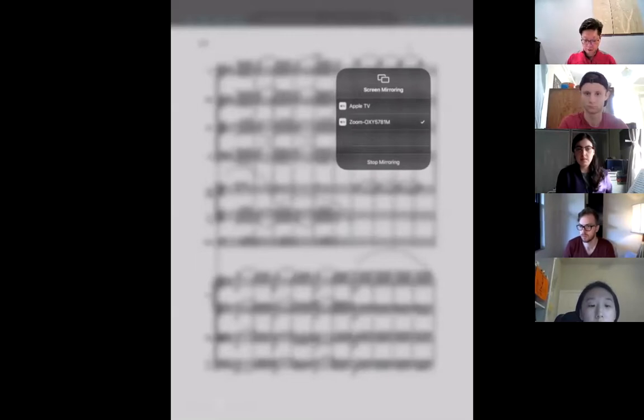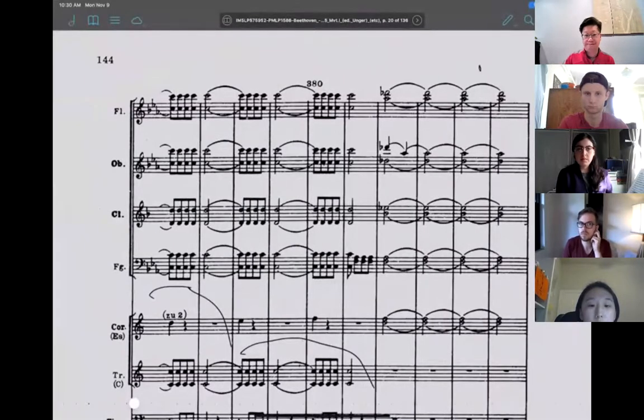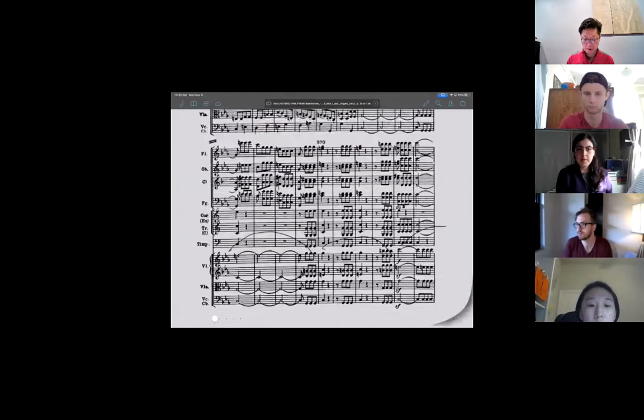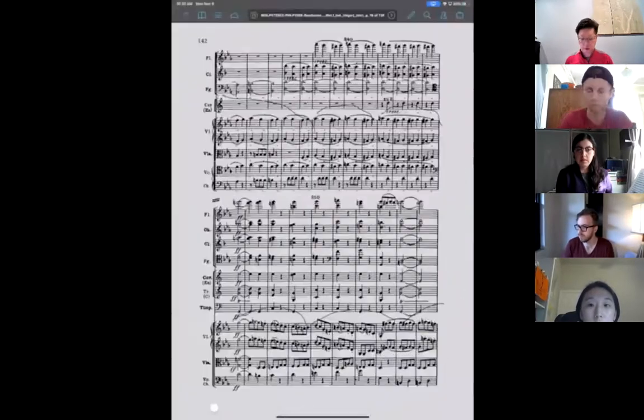Let me go to landscape mode, and then it'll be a little bigger. If I go to landscape mode, the page won't turn.